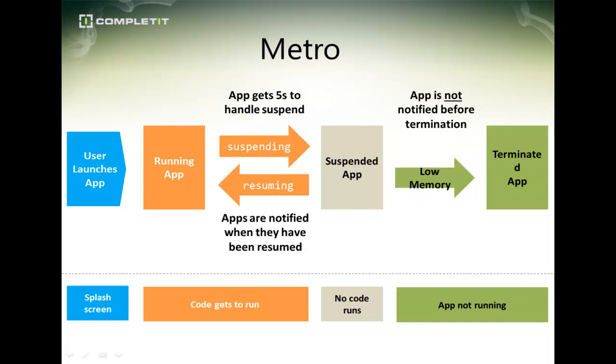The next step is when your PC begins to hit low memory. The application is not notified before termination. When the operating system detects low memory, it automatically terminates the application itself.